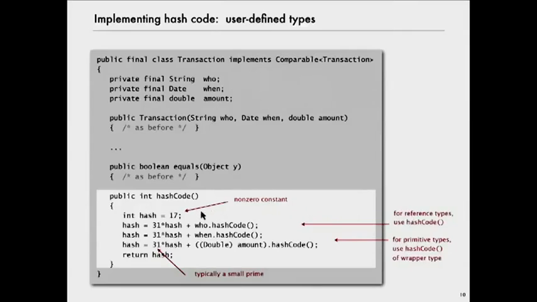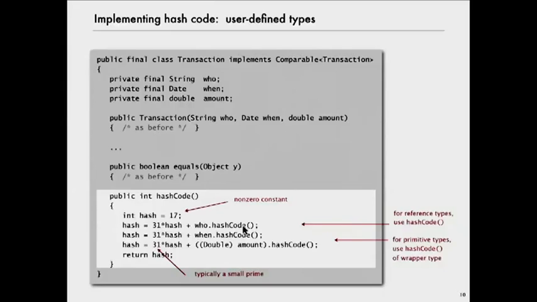So one thing to do is start out with some small prime number, and this mimics Horner's method to add in more data as we get it. For each field we multiply by 31 and then add the hash code for that field.